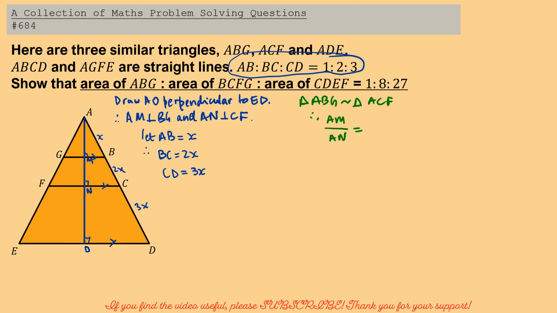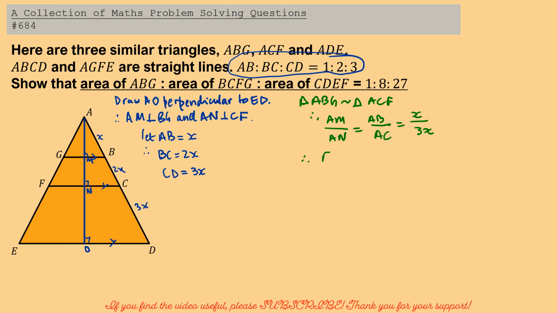So AM divided by AN equals the side AB divided by AC, and AB we know is x and AC we know is 2x plus x, so that's 3x.